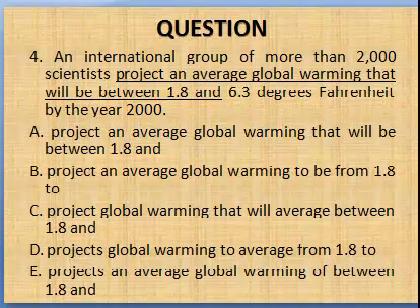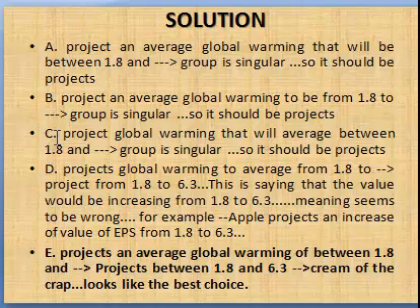So D is good, but E is always better. So yeah, D also says a change in meaning, that it would increase, but we are not projecting an increase. We will say that it will lie somewhere between 1.8 and 6.3.